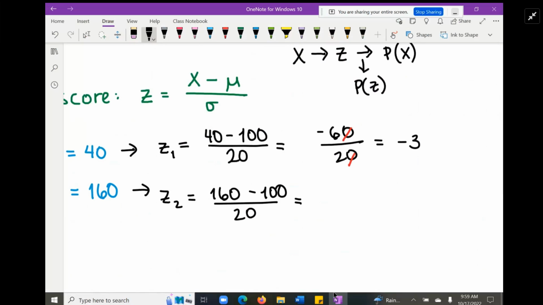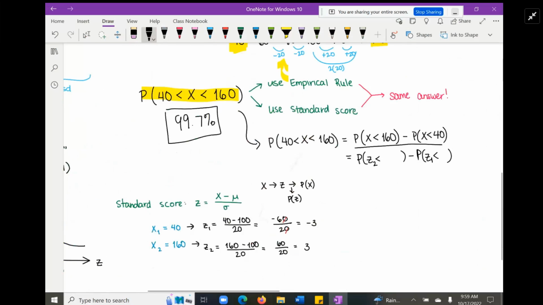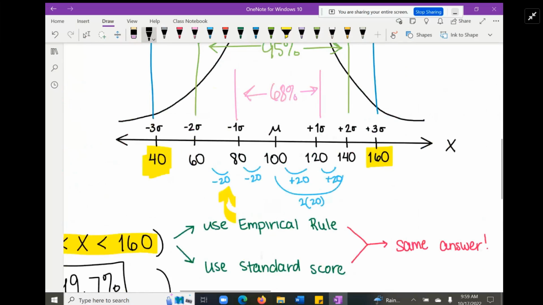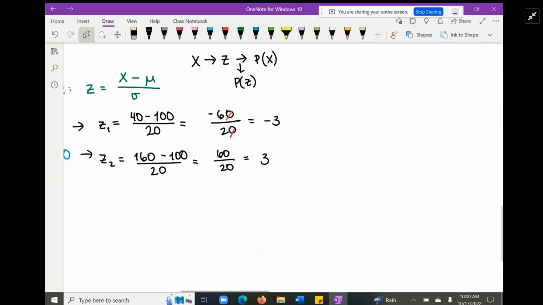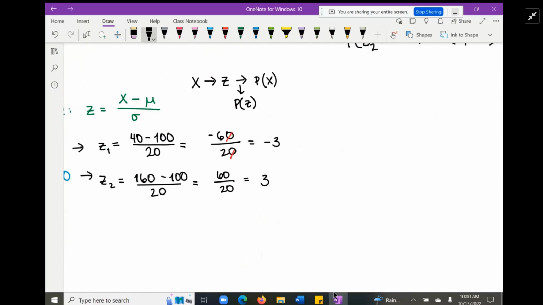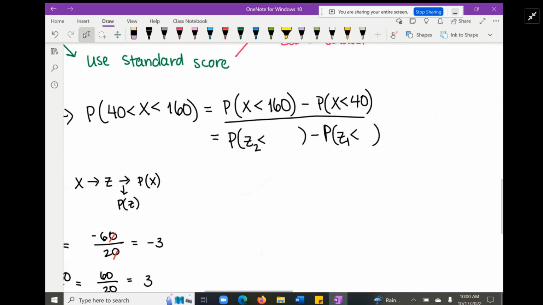For z2, we have 160 minus 100, which is 60 over 20, or 6 over 2, which gives us positive 3. So there it is, plain as day. It's the same 3 that we see in the empirical rule, the negative 3 standard deviations and positive 3 standard deviations. So again, we know the answer, but let's just work through it and see what we get.